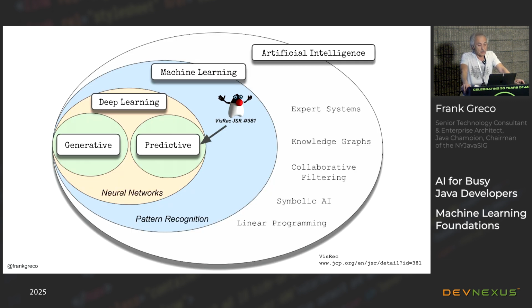Now, for definition purposes, and we should get this right since we're supposed to be the smart people on the planet, right? So we have AI. AI is simulating human intelligence. You could argue whether humans are intelligent or not, but that's another discussion. So we have AI, and that's been going on for decades. We're writing programs in Prolog or in Lisp. We're writing rules in expert systems. So that's AI.